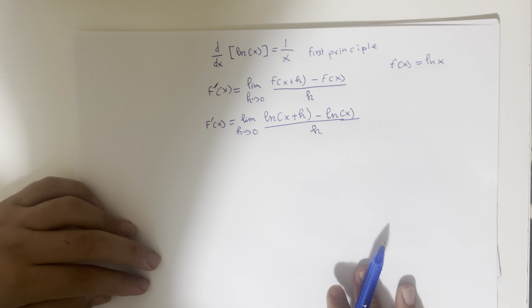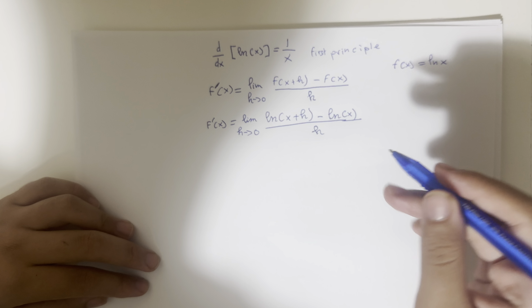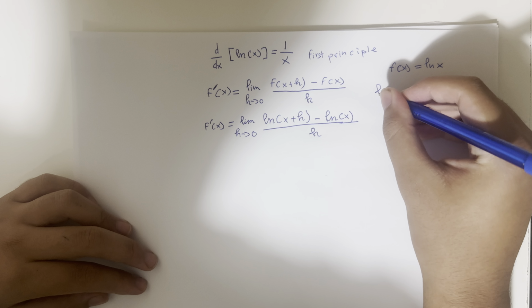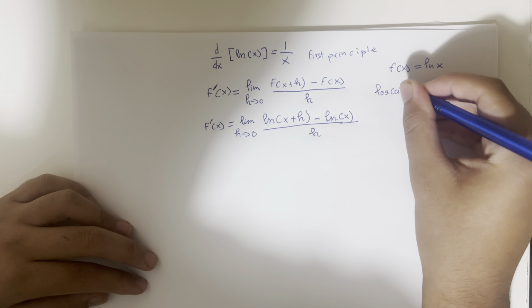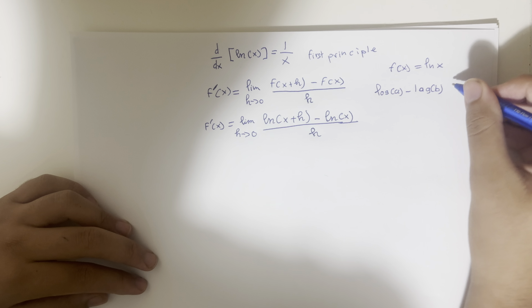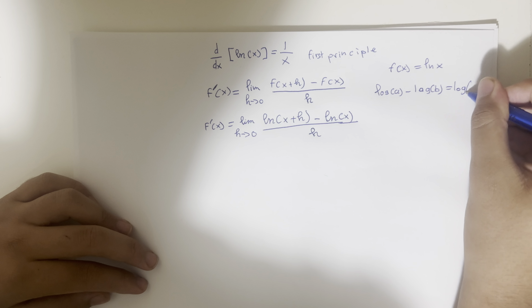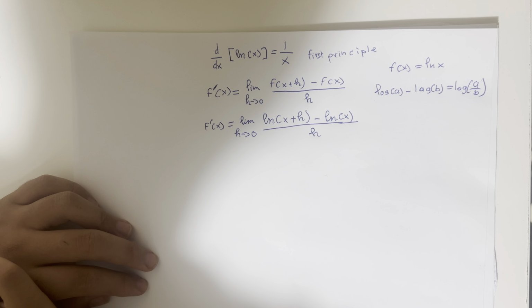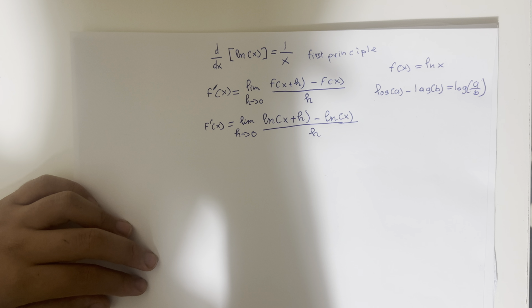And essentially what we're going to be doing is solving for this. So we know from logarithm properties that if we have, let's say, log of a minus log of b, this is also equal to log of a divided by b. This is one of the core logarithmic properties taught in pre-calc.